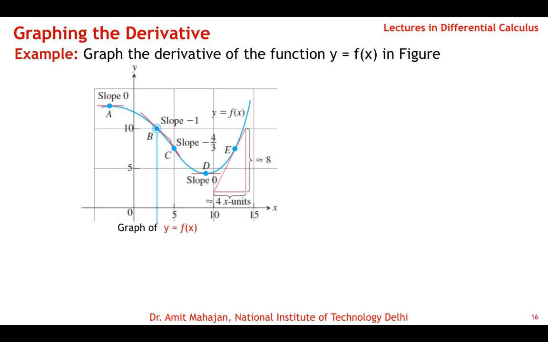So now how can we graph the derivative of a function? If you are given the graph of a function, then how can we graph the corresponding derivative function? So for this, say you are given this graph with the blue curve, y is equal to f(x).